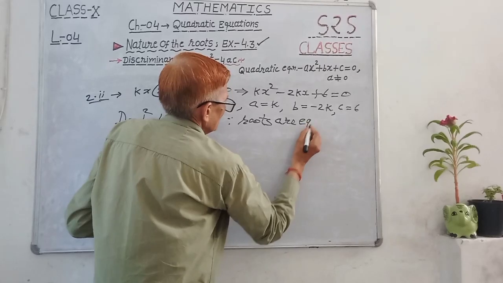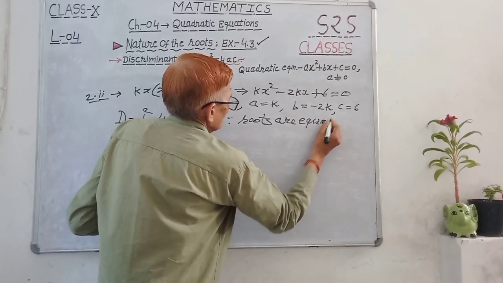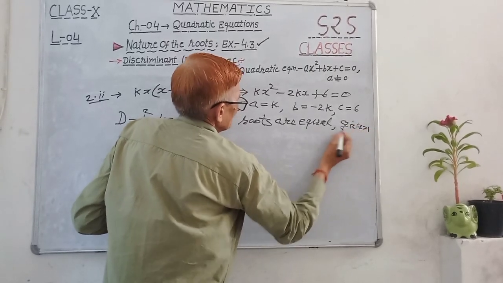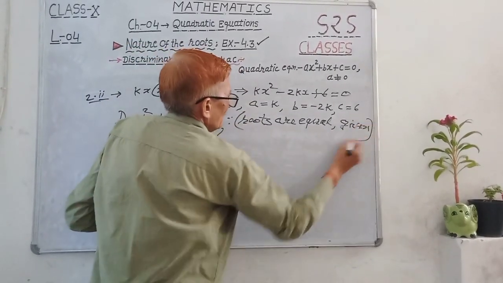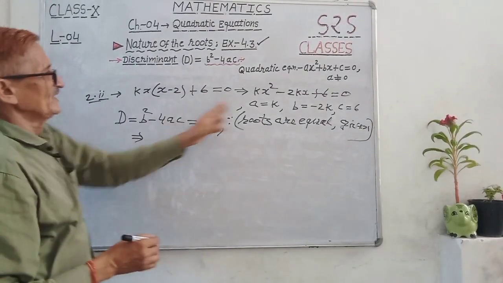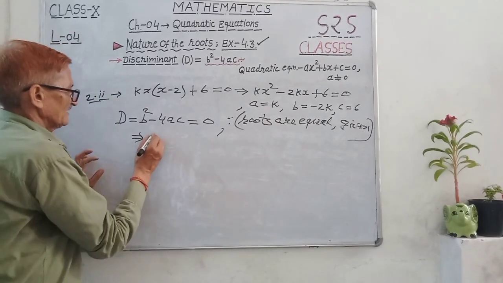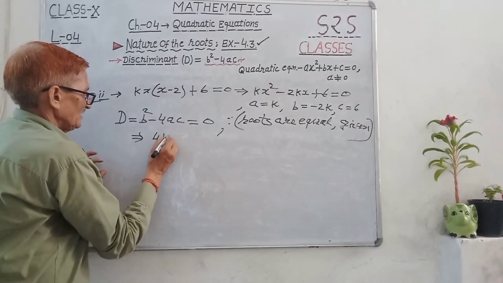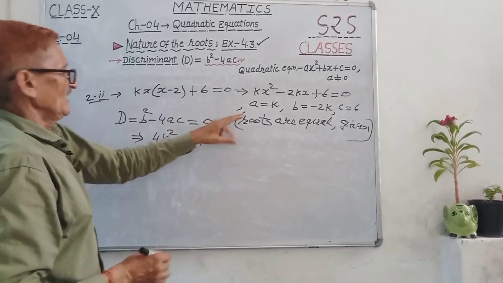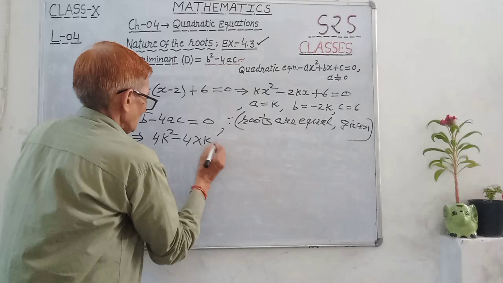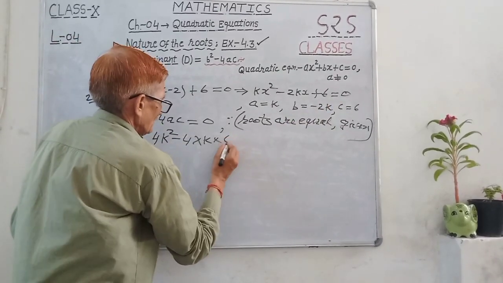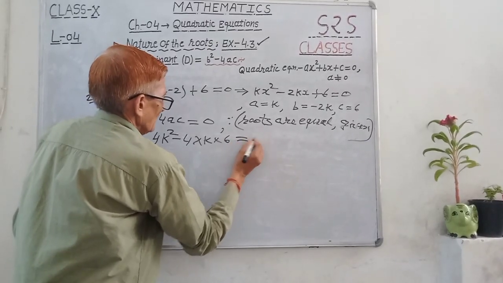Because the roots are equal, this is given. So use this equation and solve. Then b square means minus 2k whole square, 4k square positive, minus 4 into a, which is k, into c, which is 6, is equal to 0.